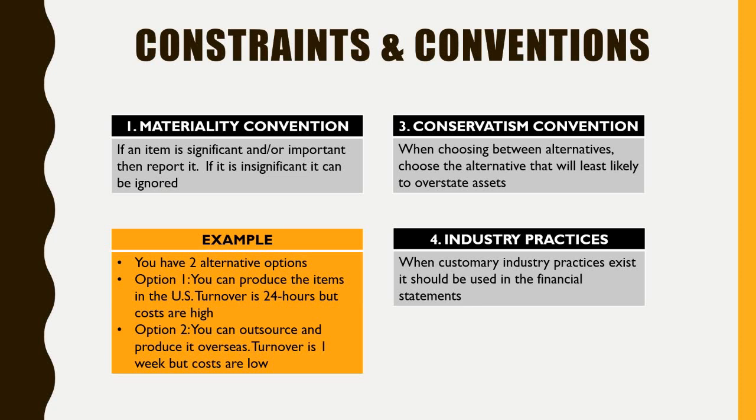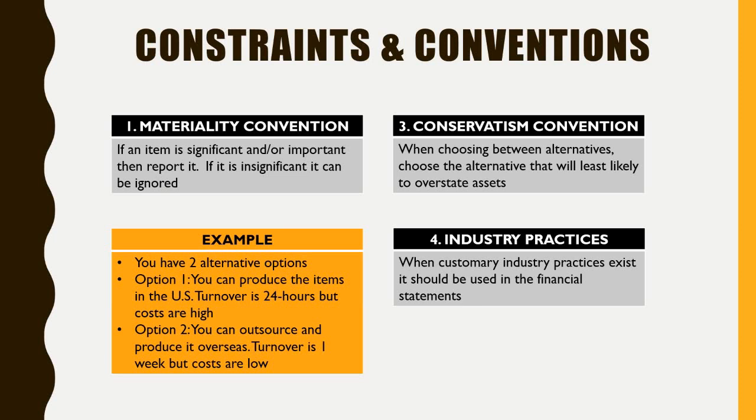That's a benefit, but the cost is extremely high. Or option number two, would it benefit you to have it made overseas? We call it outsourcing it. Get the product done overseas and have it shipped in. The cost of it is low, but the difference is it takes anywhere from a week to 2 weeks to have turnover, ship it through, and get it to your store.